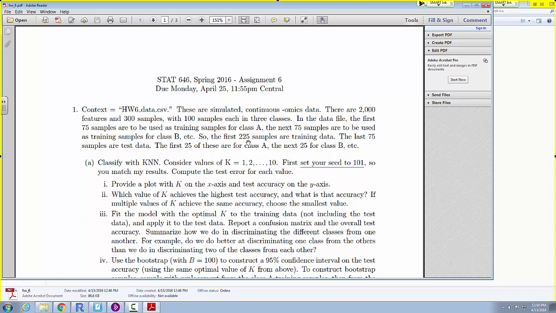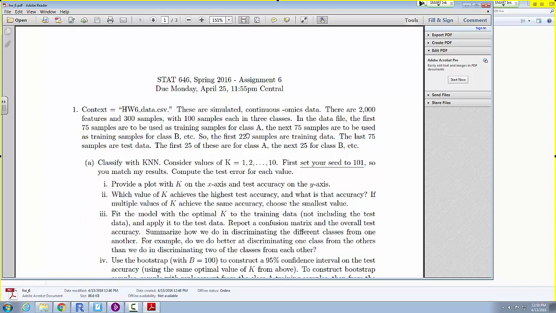To more appropriately assess the accuracy of the method, what we prefer is to have test data, which are observations for which we know class membership, but they were not used in fitting the model. We're going to use the training data to fit the model, but to assess it, to assign an accuracy to it, we're going to apply it to the test data. How many errors did we make in the test data? That's my estimated error rate.